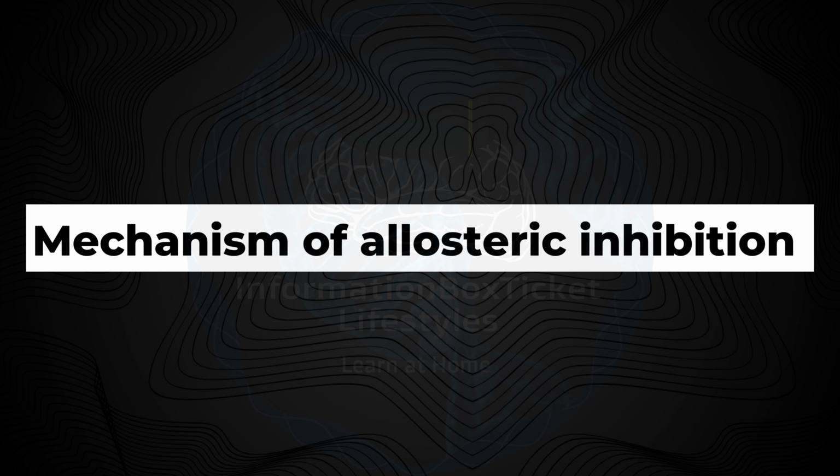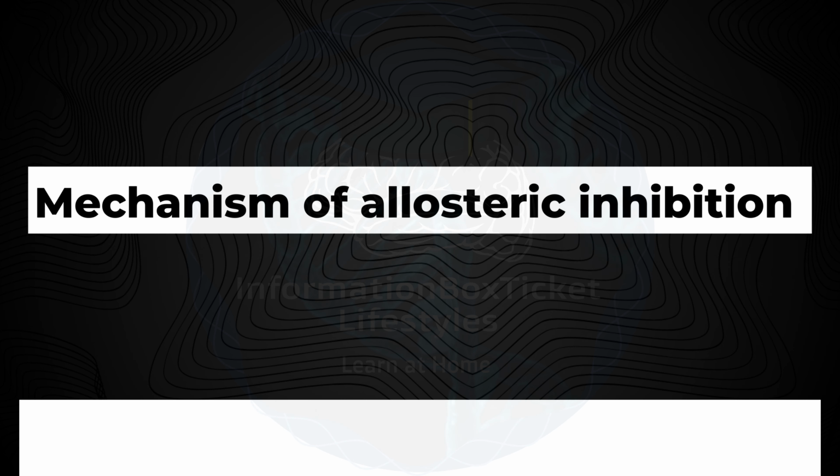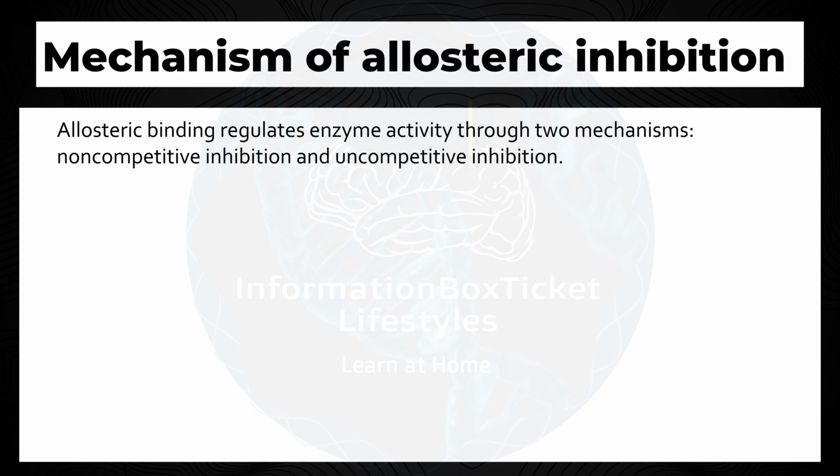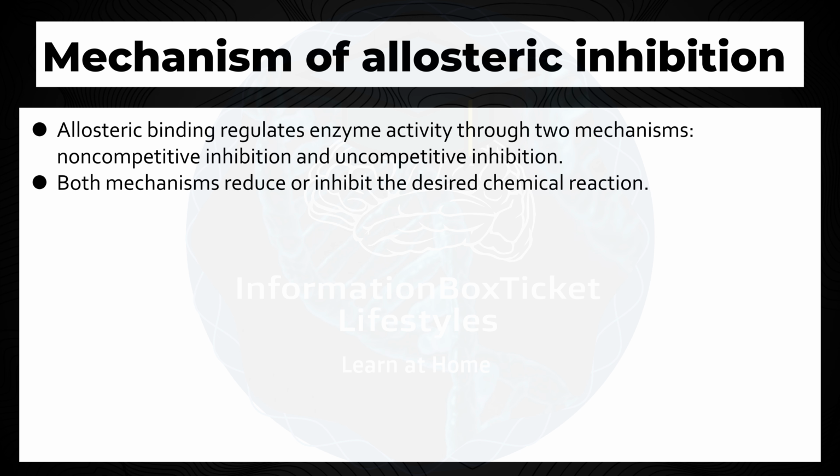Mechanism of allosteric inhibition. Allosteric binding regulates enzyme activity through two mechanisms: non-competitive inhibition and uncompetitive inhibition. Both mechanisms reduce or inhibit the desired chemical reaction. First, non-competitive inhibition.